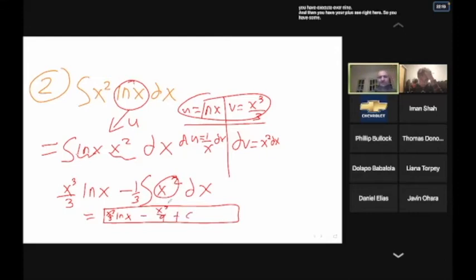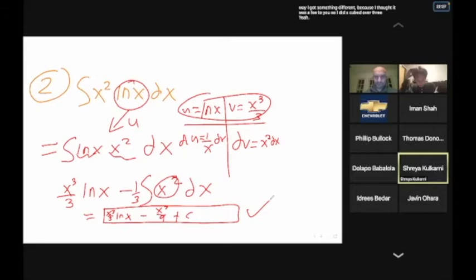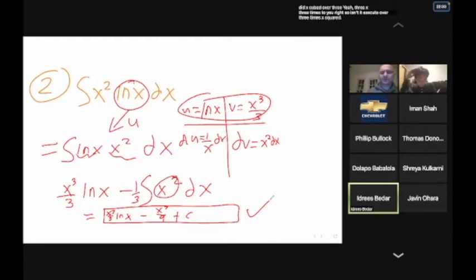So you have successfully found the antiderivative using this technique. Any questions about this? Wait, I got something different because I thought it was v du, so I did x cubed over 3 times du, right? So isn't it x cubed over 3 times x squared? So x to the 5th over 3.